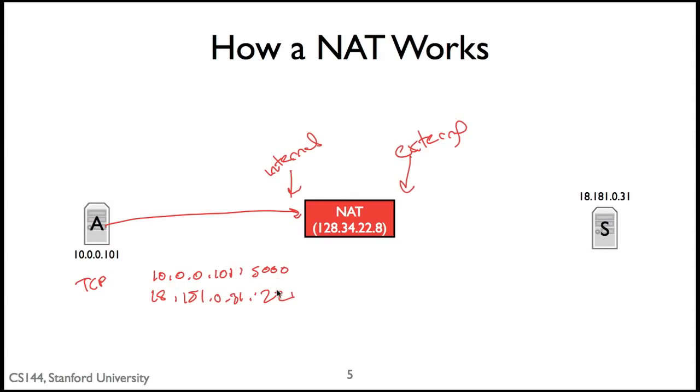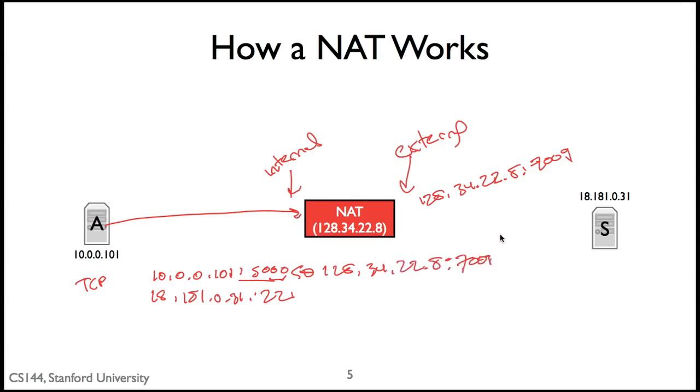Well, then the NAT is going to say, look, I see a packet that is trying to open up a connection. What I need to do is allocate for this particular internal IP port pair an external IP port pair. So let's say 128.34.22.8 port 7009. So it's going to create a mapping from this 10.0.0.101 5000 to 128.34.22.8 7009.